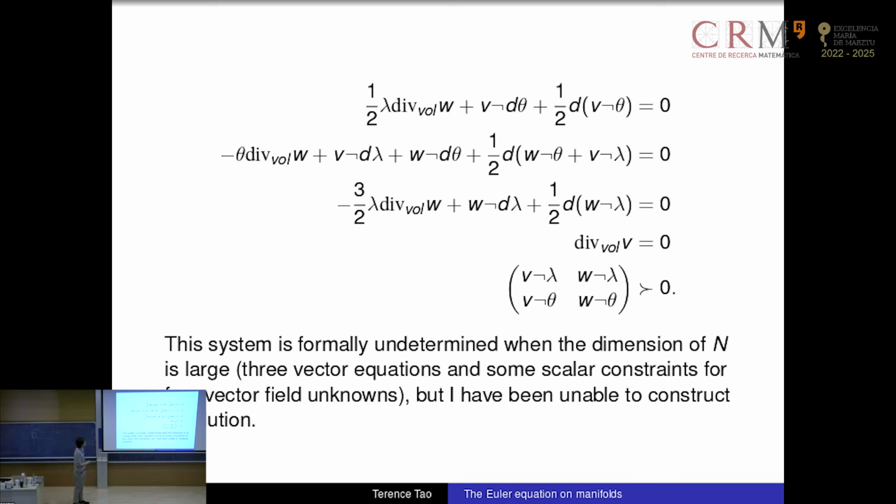So in principle, this is a system. There are four unknowns: v, w, lambda, theta. If one is d dimensional, so your dimension is big enough, this system should have solutions.